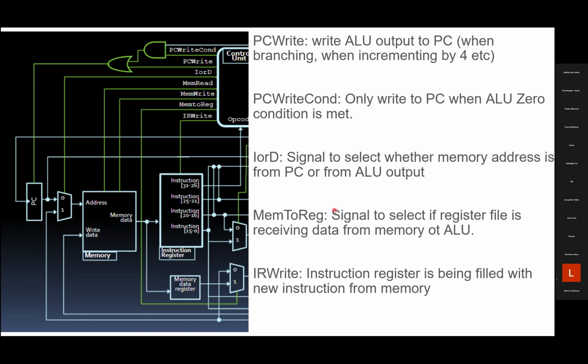There's also the memory to register, which is this multiplexer, to select whether the register file is receiving data from memory or from the ALU.